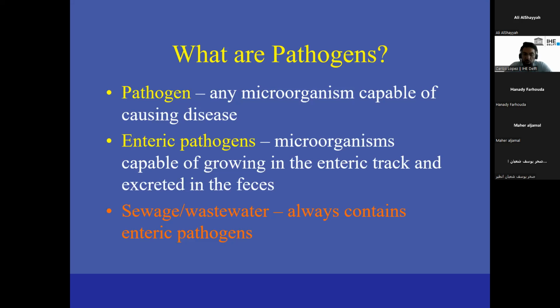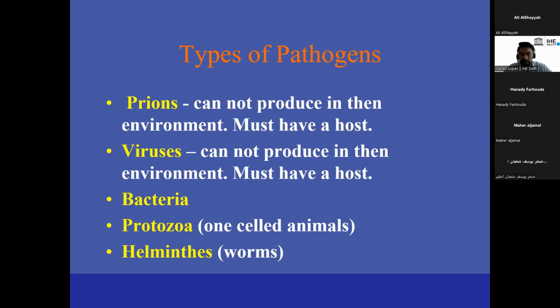But the main source could be the sewage or the wastewater. So if they are present in the drinking water, then this can become a major public health issue. And that's why it's important to take appropriate measures to get rid of, or at least to inactivate, these enteric organisms.